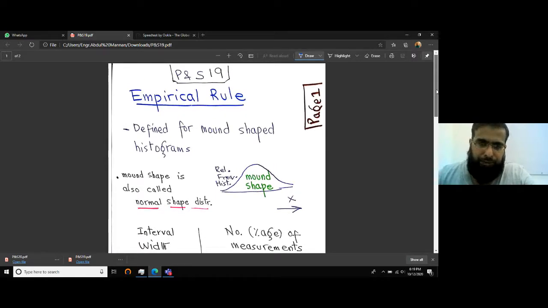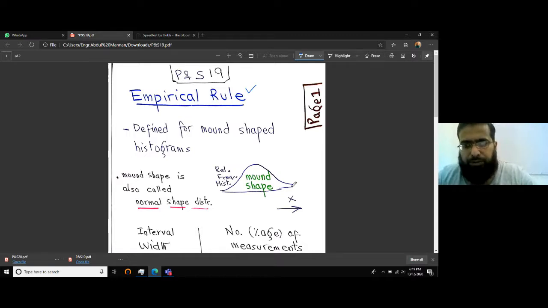But the Chebyshev theorem is valid for any kind of data. In this lecture, we will study a rule that is not for any kind of data, but is only used for data whose relative frequency histogram is mound-shaped, normal, or bell-shaped. So that's the basic difference.